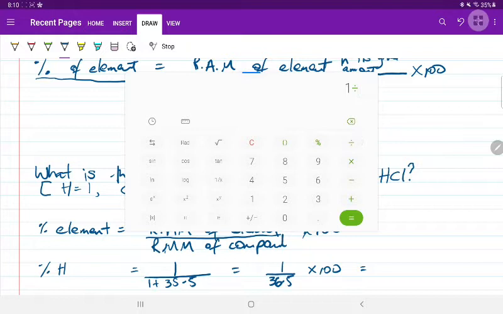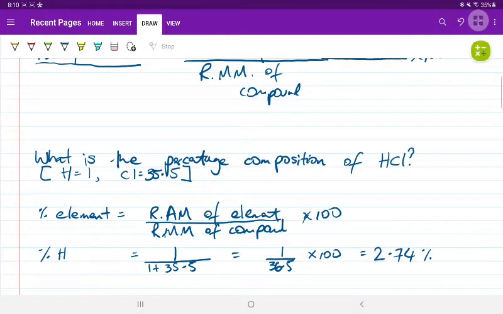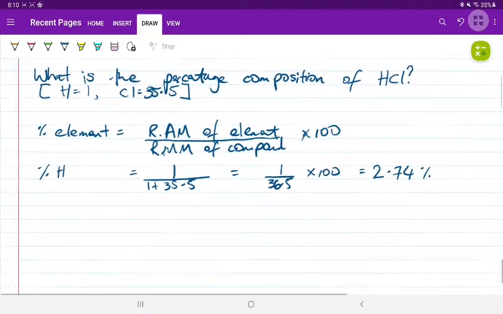So 1 divided by 36.5 multiplied by 100 is 2.74%. So hydrogen in HCl has a percent of 2.74%.